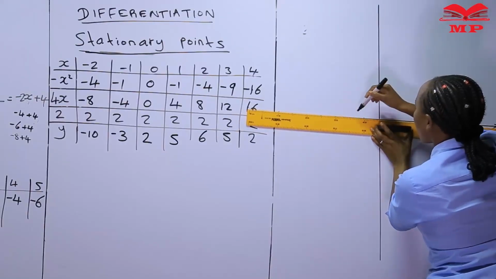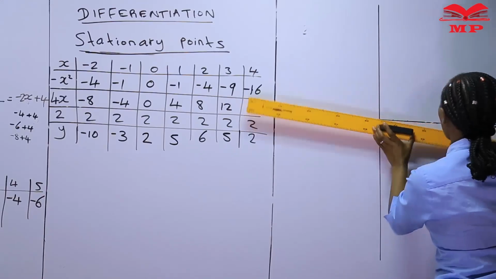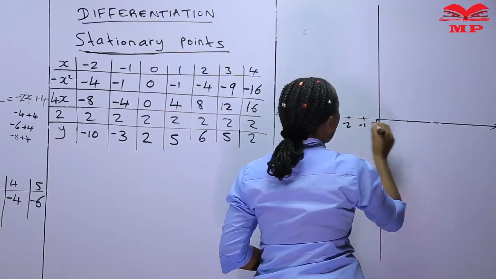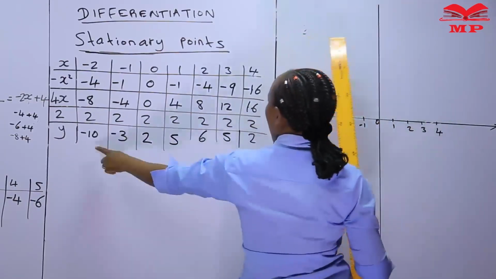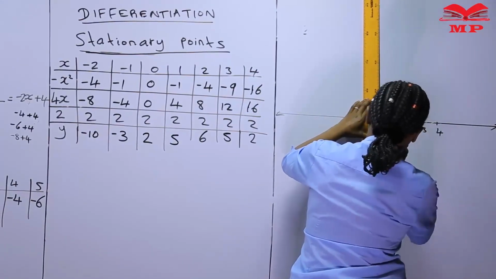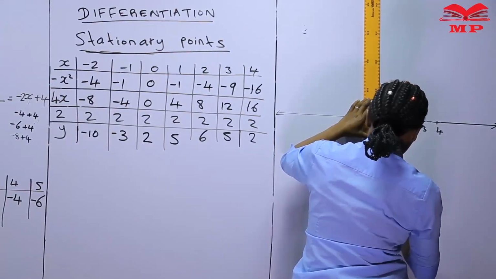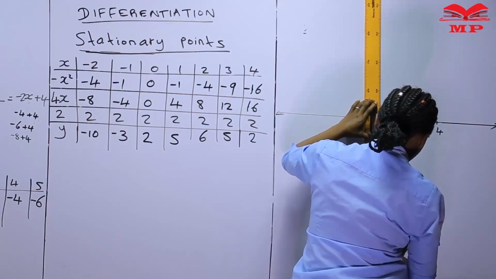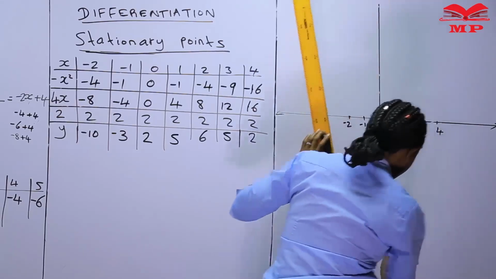So we can have negative 1, negative 2, 1, 2, 3, up to 4. Here this is our 0, negative 1, negative 2. We have 1, 2, 3, up to 4. Then on the y-axis we have negative 10 up to 6. So we have 1, 2, 3, 4, 5, 6, 7, 8, 9, up to 10, somewhere there.